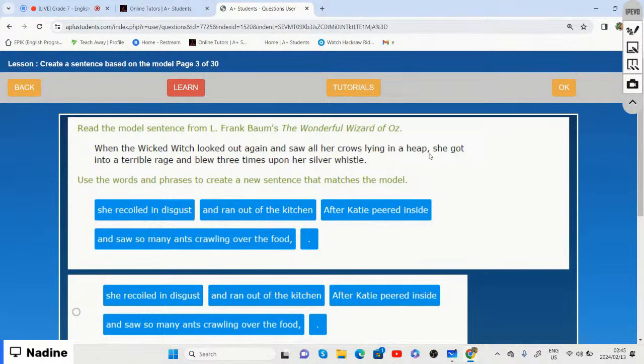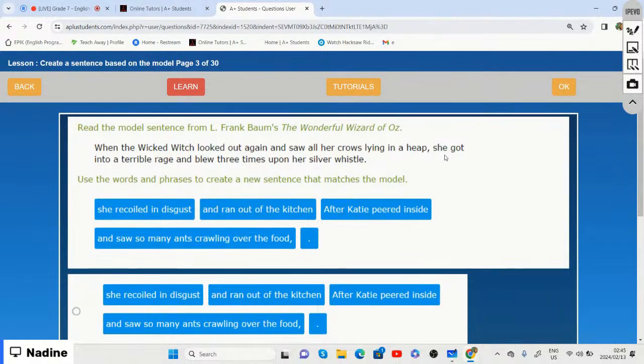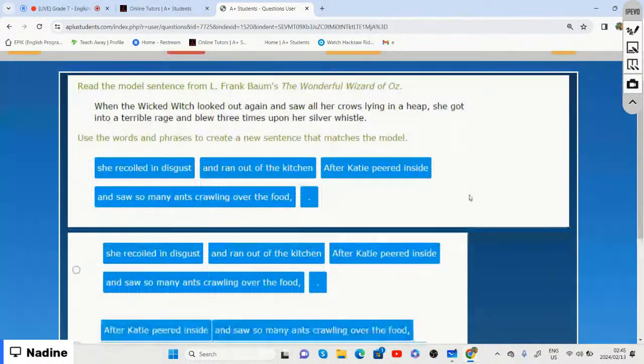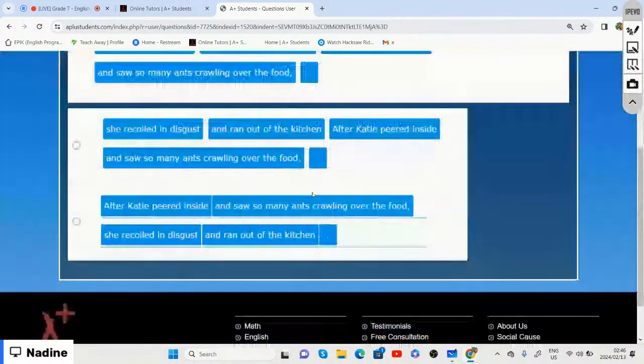And remember, we said that when it comes to creating a sentence, you need to imitate a sentence in order to create another sentence. And if we start, we can say, after Katie peered inside and saw so many cats crawling over the food, she recoiled in disgust and ran out of the kitchen.